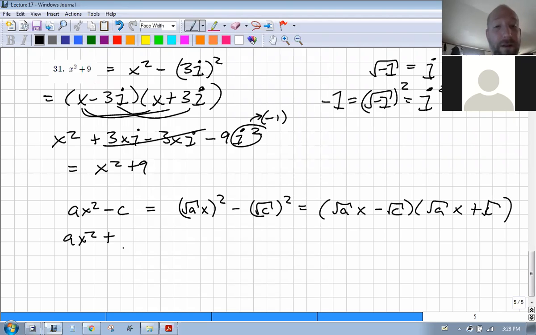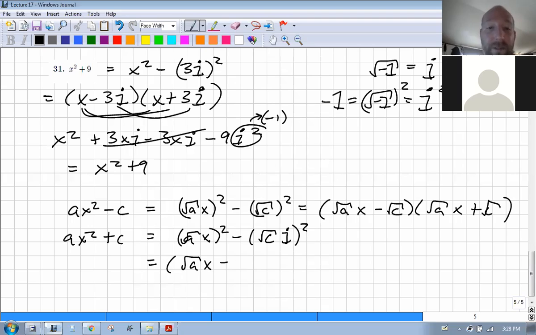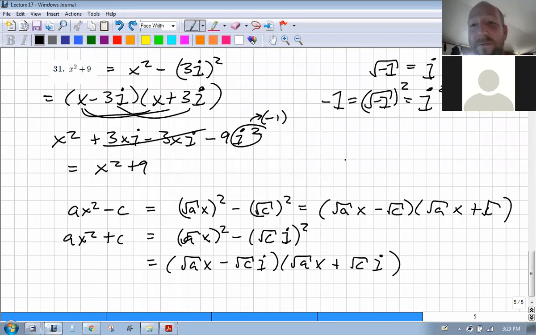Or if this was a plus a number, I could say square root of a x squared minus the square root of c i squared, which would be root a x minus root c i times root a x plus root c i. So as long as your x is squared, you can always use the difference of two squares trick, even if it's a plus.